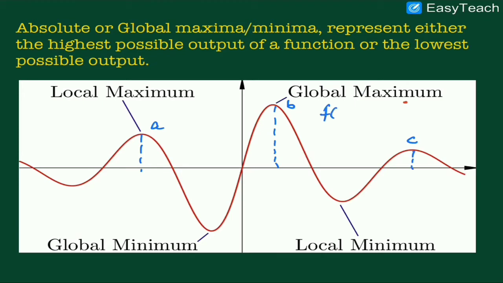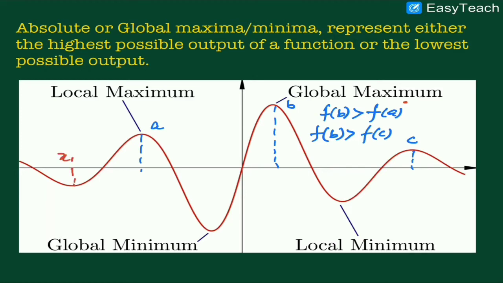But the value of the function at the point b is the highest value of the function in the domain of the function. Therefore, b is called the point of global maxima or the absolute point of maxima, because the value of the function at b is greater than f(a), and this f(b) is also greater than f(c).